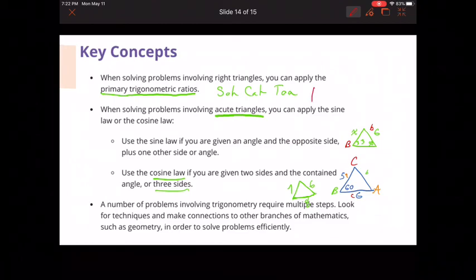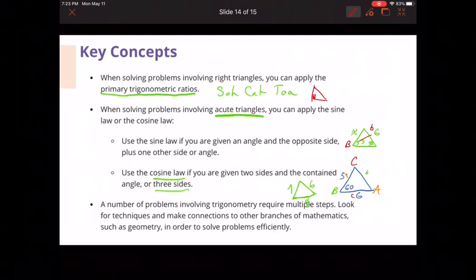Because either I have a right angle, and I'm going to go back to SOHCAHTOA, or I've got an opposite section that I can draw on, or I've got one of each of the pairings. And then I know if I'm going to go with SOHCAHTOA, sine law, or cosine law.